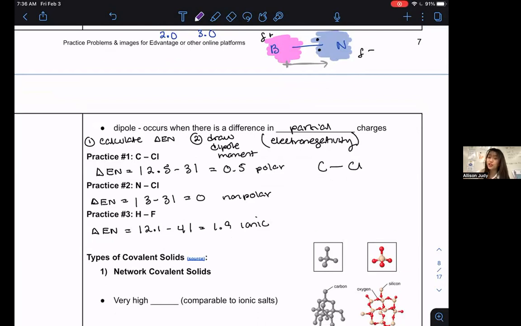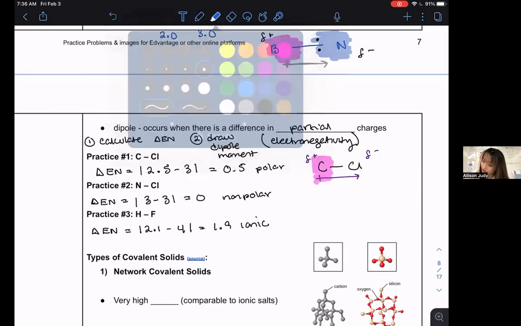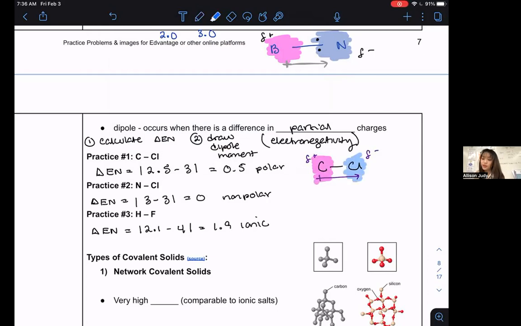It's not a true charge because a true charge includes a full transfer of electrons. So we have a partially positive region and a partially negative region, and that would be shown by this, or you could write it with delta positive, delta negative to show the partial regions, or for those of you that just need a little extra color in your life, I'll color code the zones.